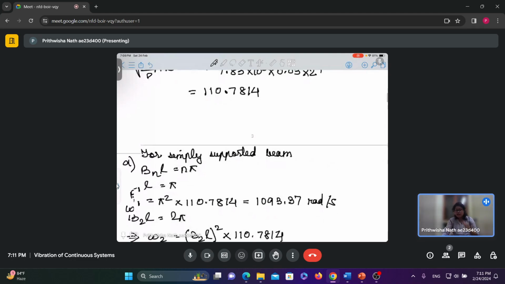Now for the second problem, we are given a beam which is resting on springs on both ends.